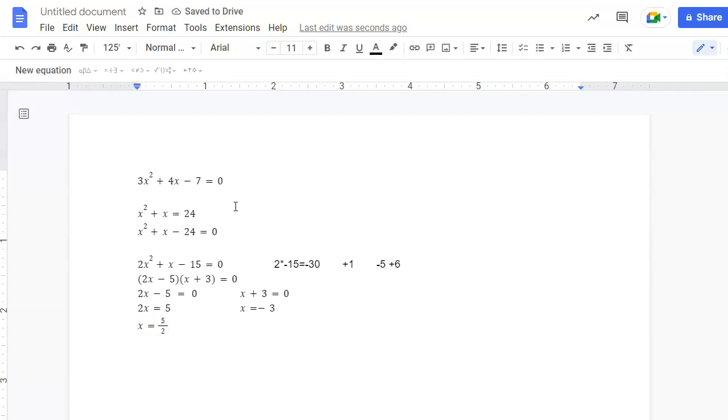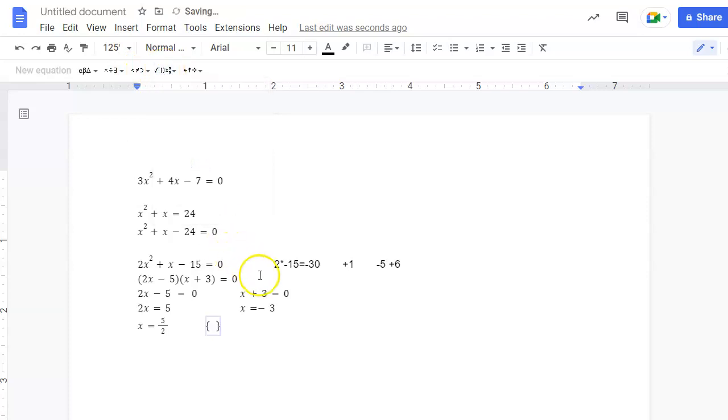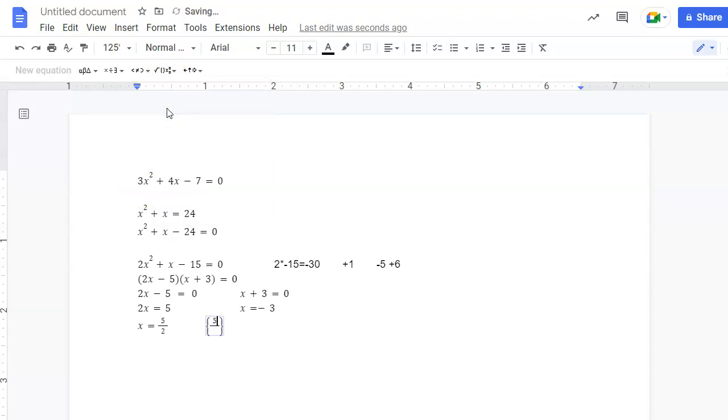And so my solution set would be this, and I would put a fraction in there, so it'd be 5 halves, comma, -3.